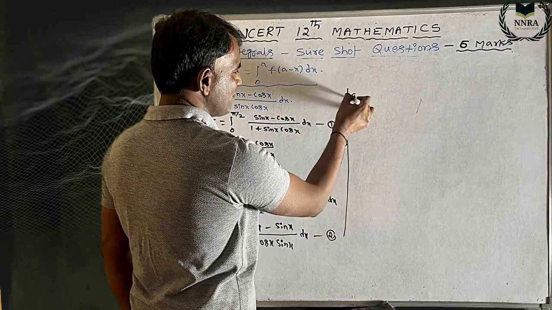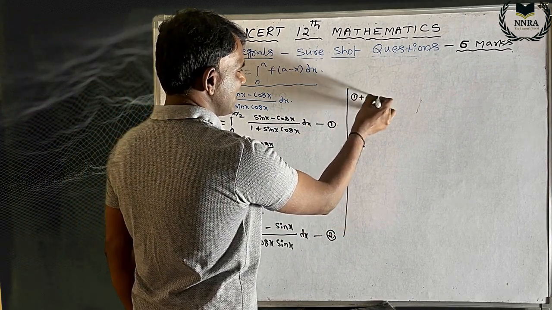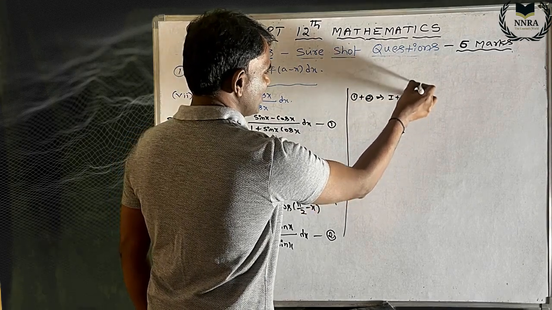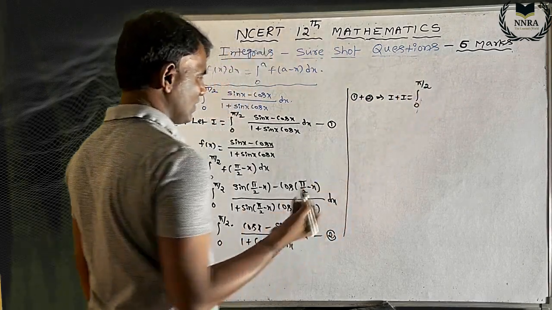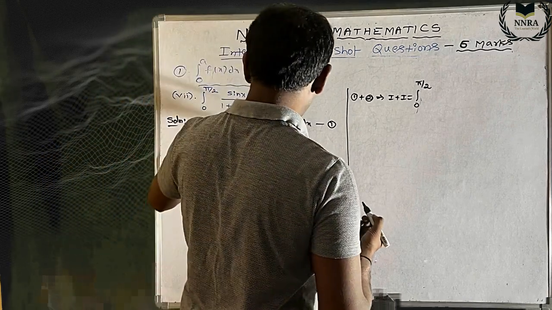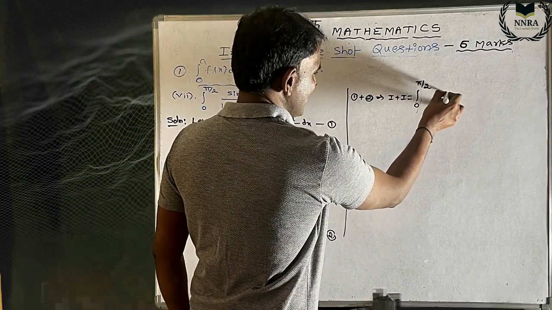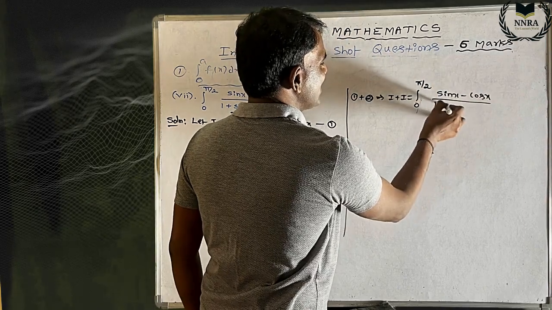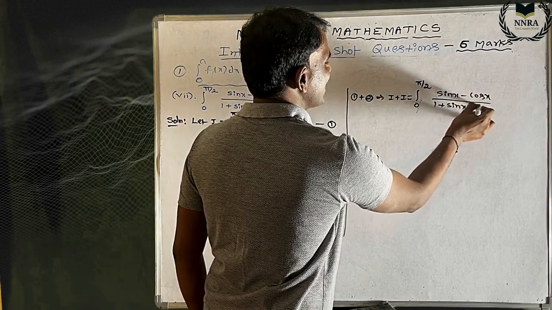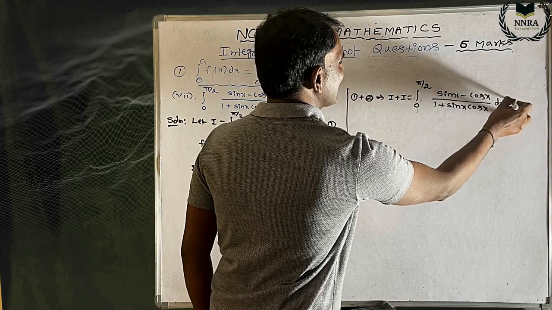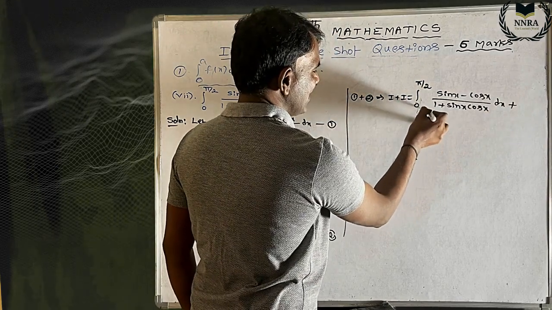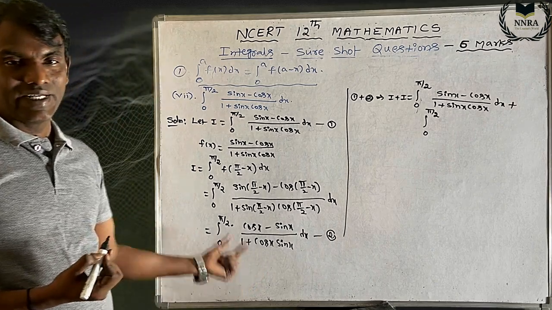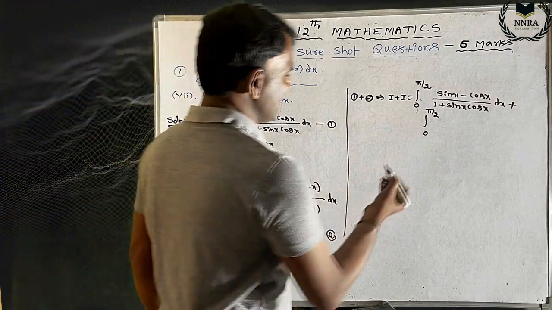Again same, 1 plus 2. So right here 1 plus 2 implies that I plus I equals integral 0 to pi by 2. What is that first term? I mean first function, sin x minus cos x, right? Denominator 1 plus sin x into cos x, then dx. Now plus second one, again integral 0 to pi by 2. Now right hand side value of second equation, cos x minus sin x.